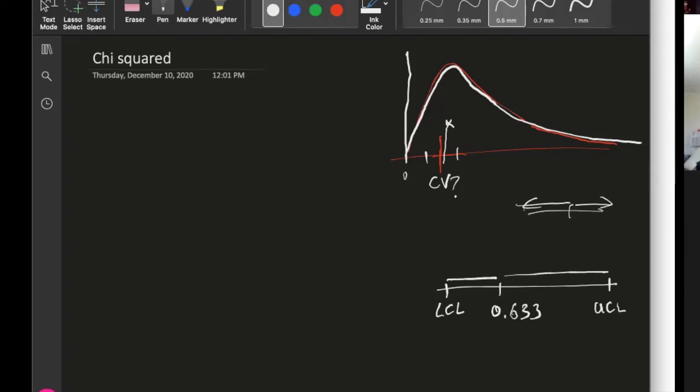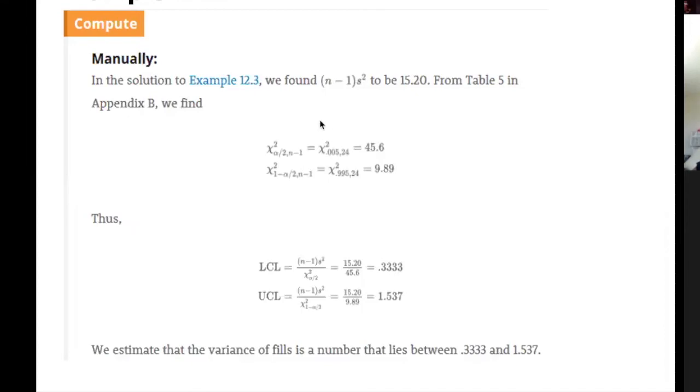As you can see, the table doesn't have just the value for 1%, it also has the value for 99%, and so on. It has the value for 2.5%, but it also has the value for 97.5%. Why? Because it's not symmetric. So keep that in mind. Now, the way we calculate that is here. For chi-squared, since we have a 99% confidence level, it means we take 0.5% to the left and 0.5% to the right.